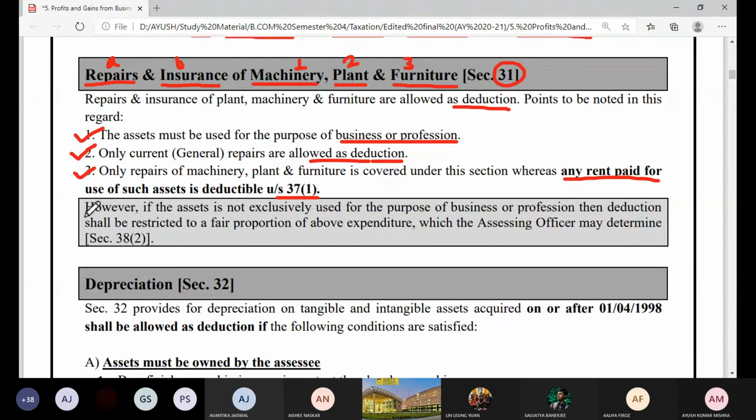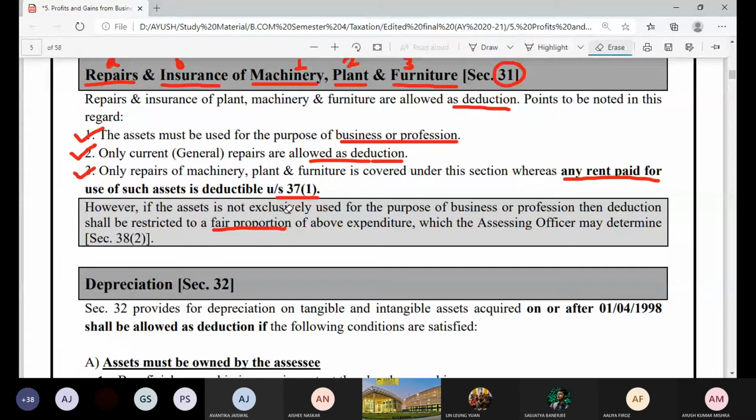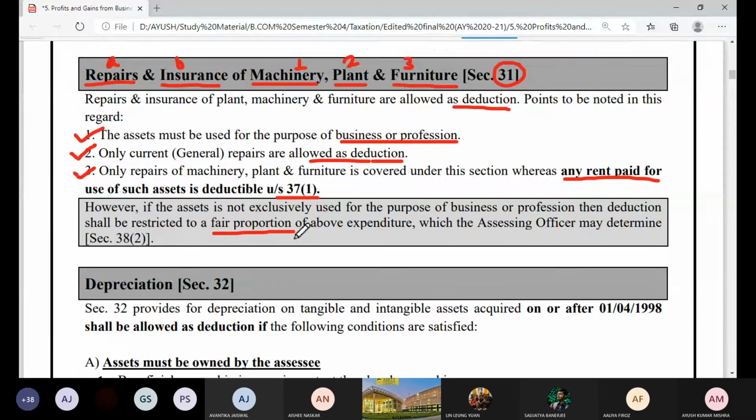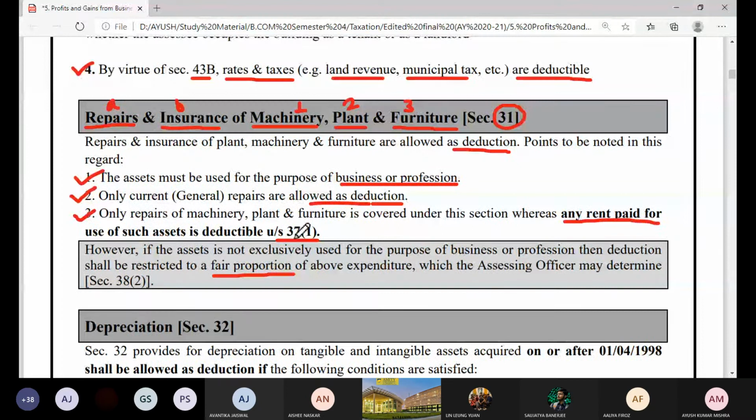Now, if we see this note, however, if an asset is not exclusively used for the business purpose, then a fair proportion shall be followed. Take the proportion in which you are using it. If you are using it more for business purpose and less for personal use, then accordingly it should be allowed as deduction. Just copy this section 31 with the note.